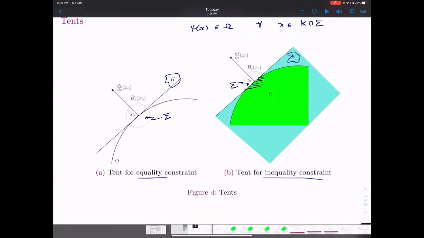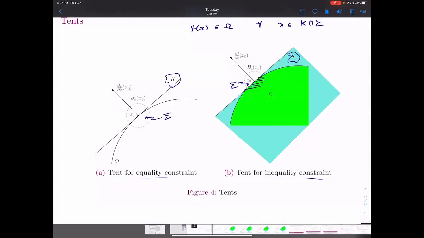Irrespective of the type of sets considered for your state, whether they come from inequality or equality constraints, or where the control lies, this is where Boltyanskii brings in a construction called a tent, which is like a tangent convex cone. Based on this approximation of the set at that candidate optimal point, he constructs necessary conditions.